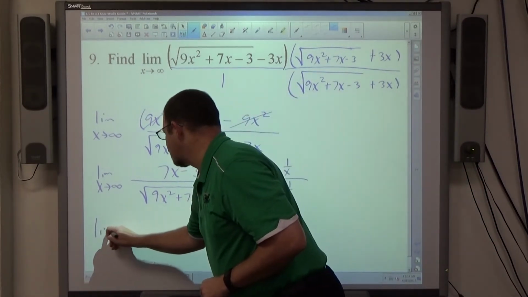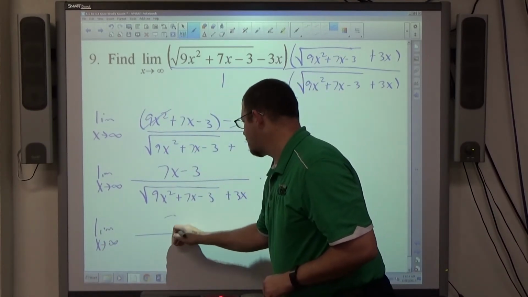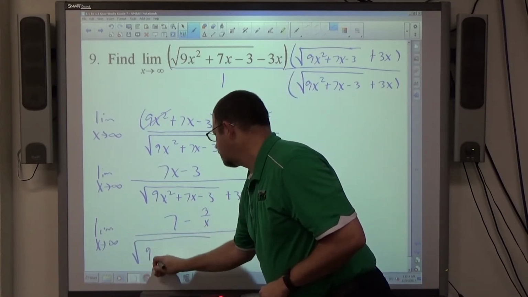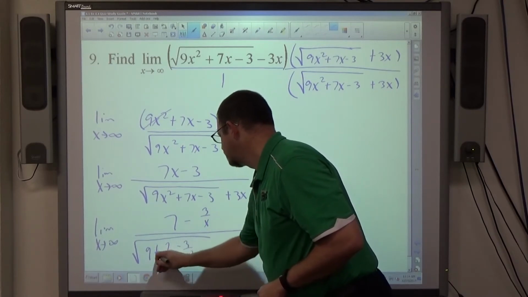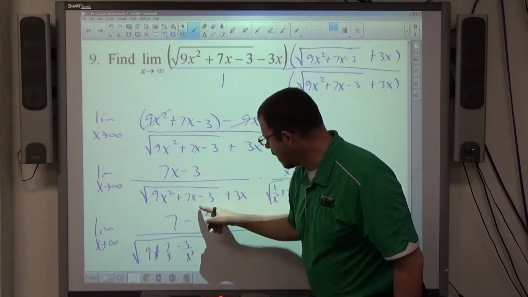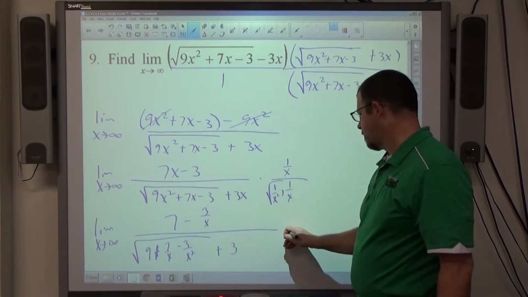So limit as x approaches infinity, it's going to be 7 minus 3 over x over the square root of 9 plus 7 over x minus 3 over x squared. Multiplying the 1 over x squared inside the radical, 9, 7 over x, 3 over x squared. And then 3x times 1 over x makes plus 3.